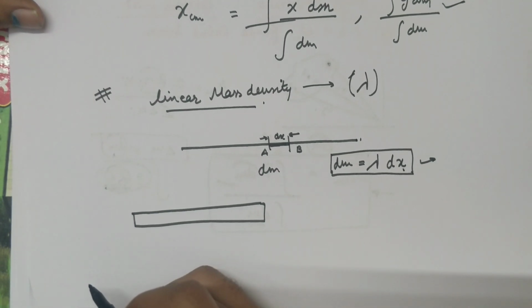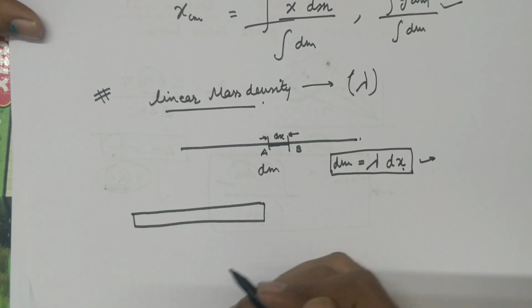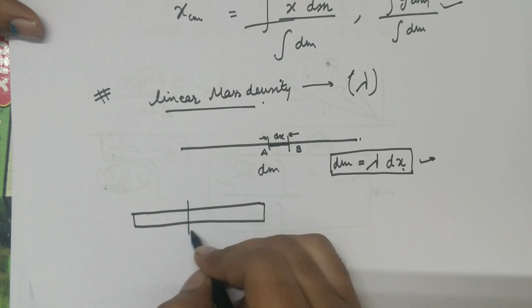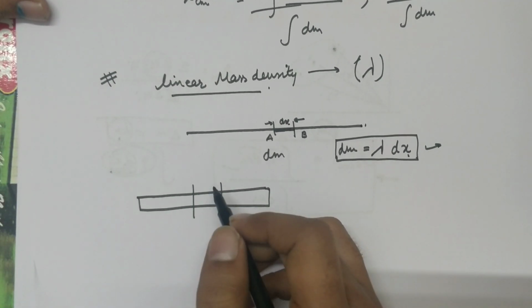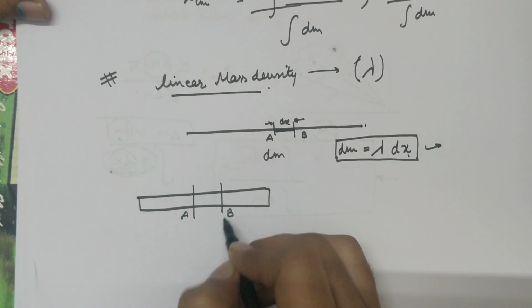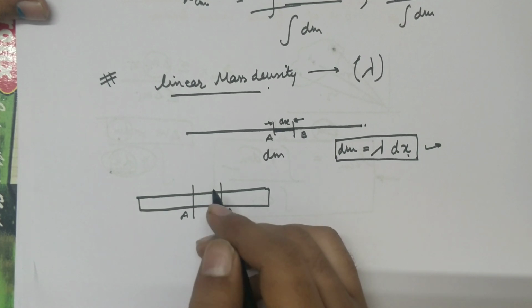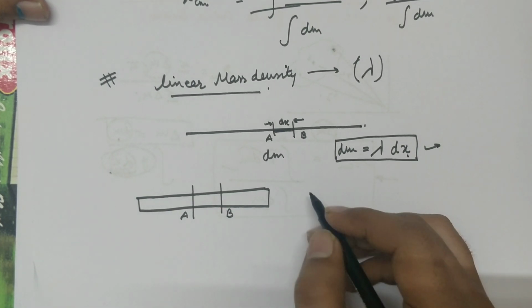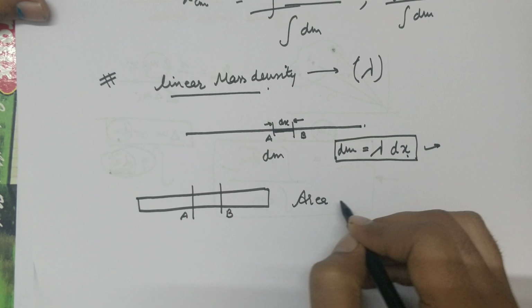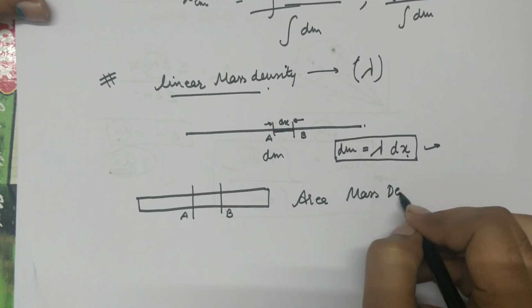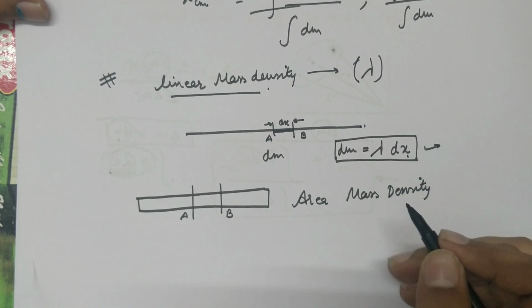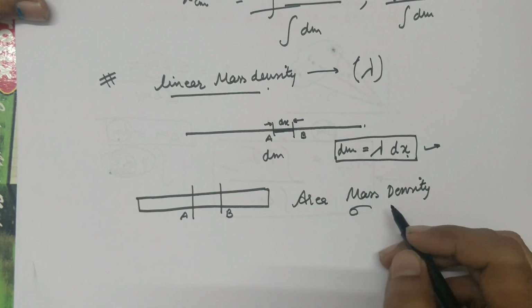Okay, suppose there is a body that has 2 dimensions. That portion will have some area. Suppose this is portion AB. For that we will use area mass density, that is denoted by sigma.